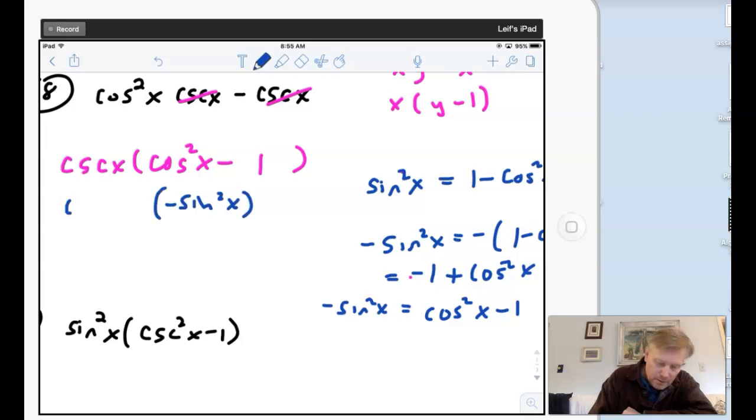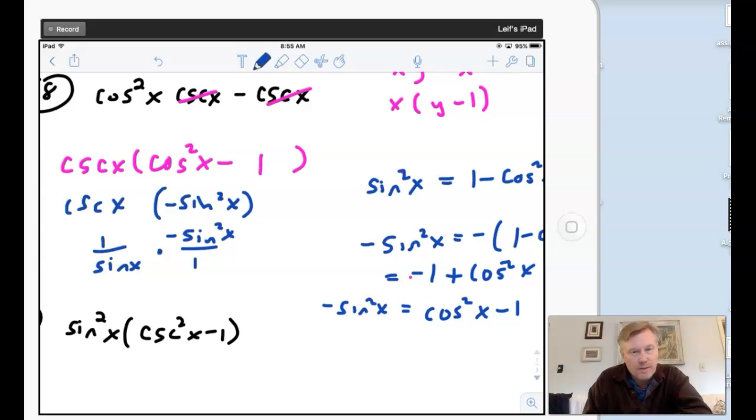And you're probably asking yourself why I did that. Well, the reason I did that is because I saw the cosecant of x, and the cosecant is really 1 over the sine. So this is times negative sine squared of x over 1.